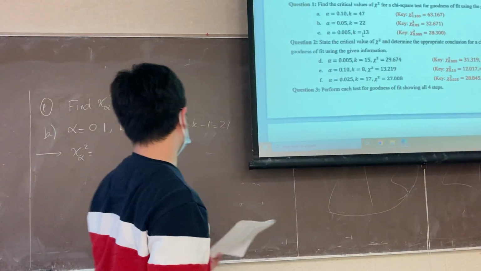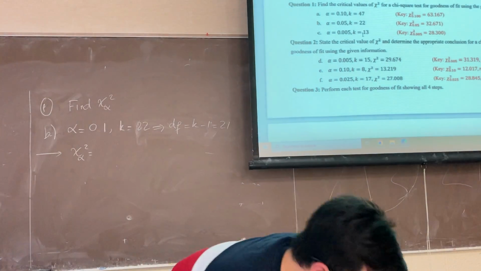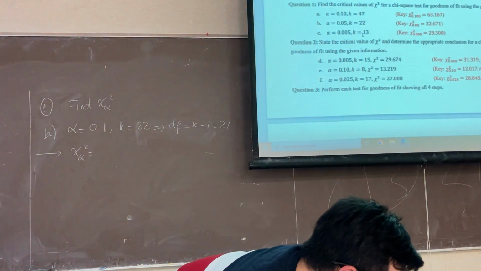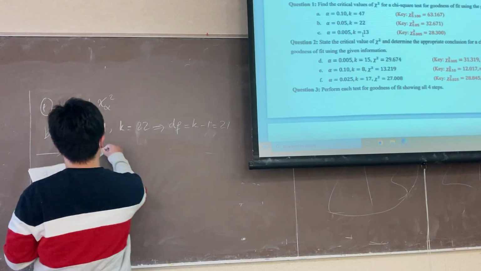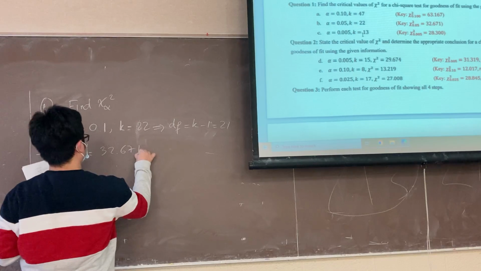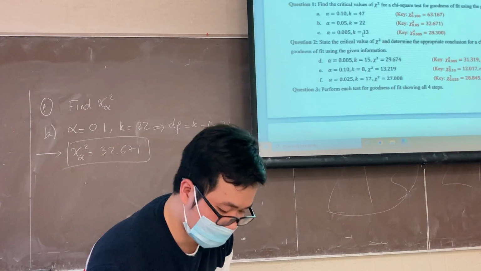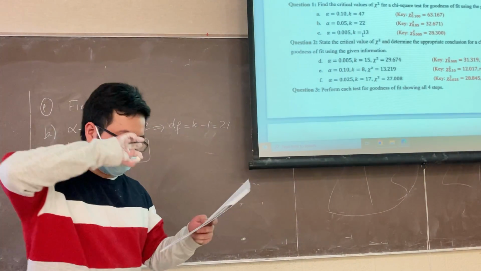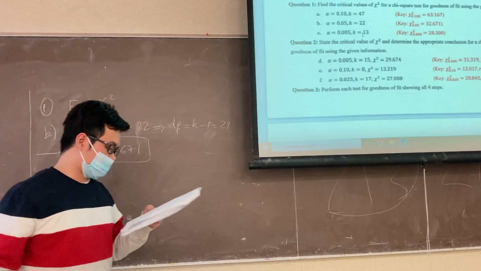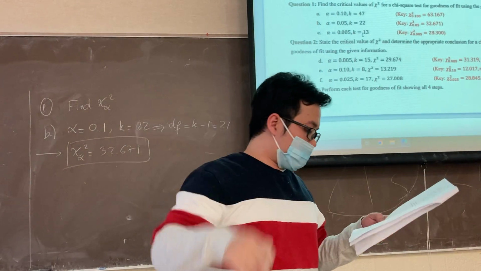Okay, exactly. This is the way to find it using the table. Question 1 is not difficult, but question A was my mistake when I typed the question.